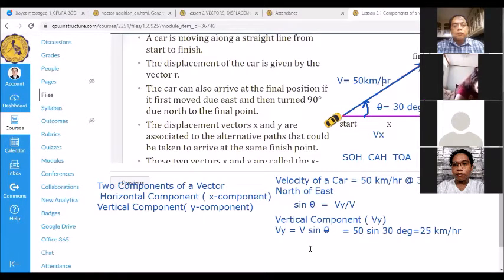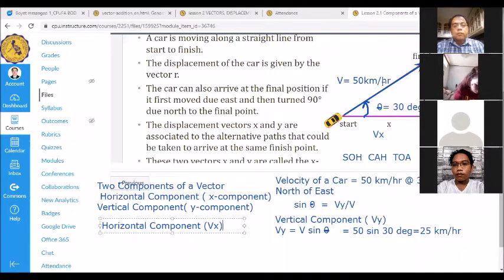Now, what about the horizontal component? Let's have this horizontal component. The horizontal component will be called our Vx. Since it's velocity, we call the value Vx.